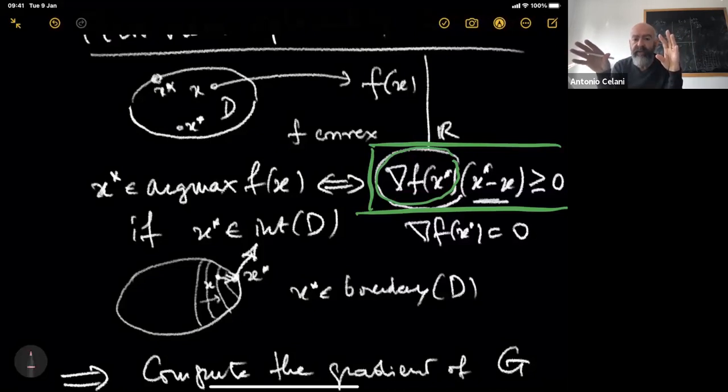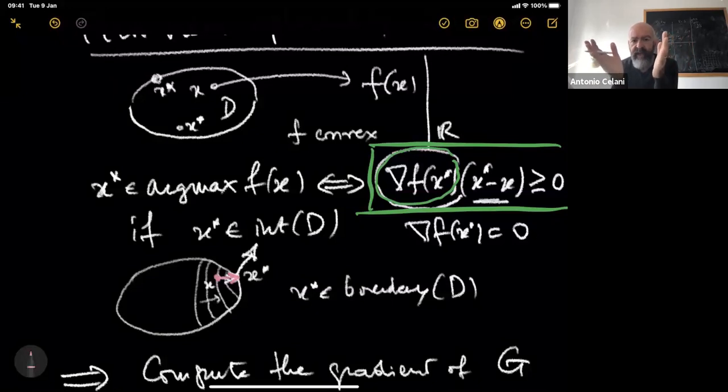If the point sits on the boundary, then the gradient must be pointing outwards. If the maximum is sitting on the boundary, the gradient of the function must be going towards the outside of the domain. Which means that if I take any other point inside the domain, and I take the vector which connects this point to the point where the maximum is attained, then this vector must have a positive scalar product with the gradient, because that's the definition of maximum.